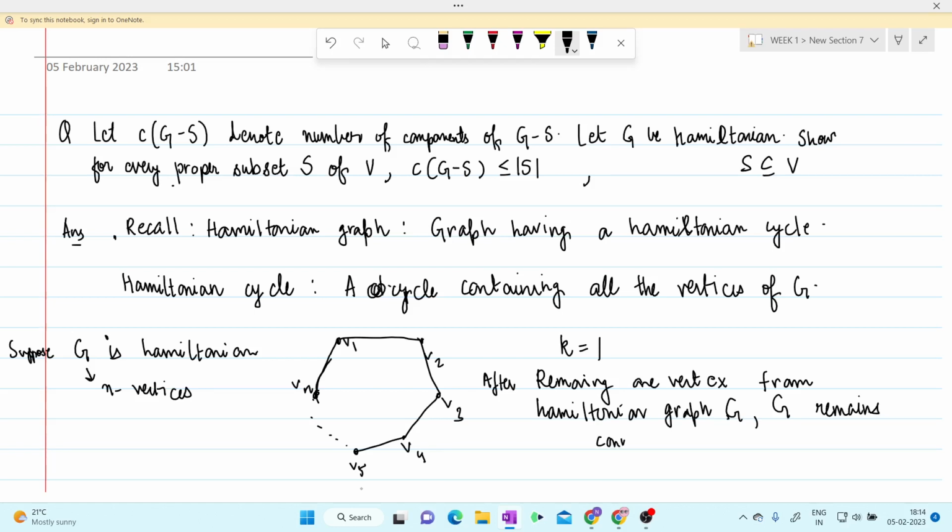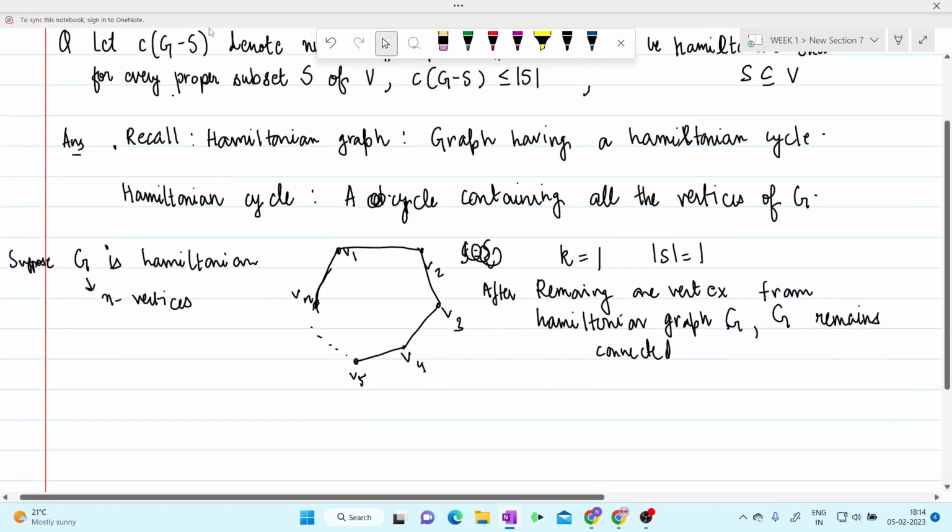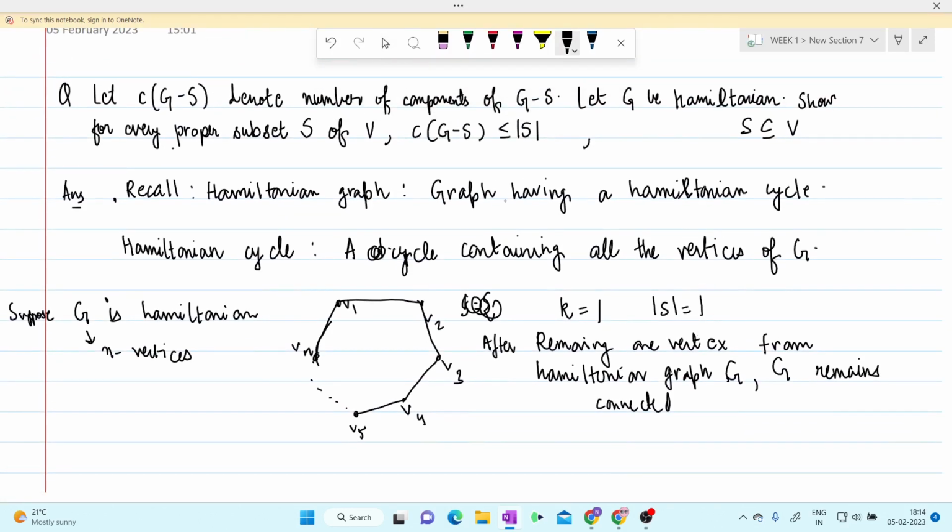Right? So we are trying to prove this for the special case when S is just one vertex. First we are trying to prove this theorem for one vertex. So what does this theorem turn out to be for one vertex? That the number of connected components should be less than or equal to 1. That means the number of connected components is 1.